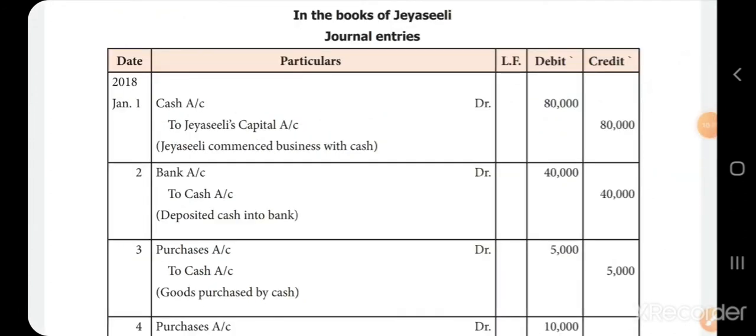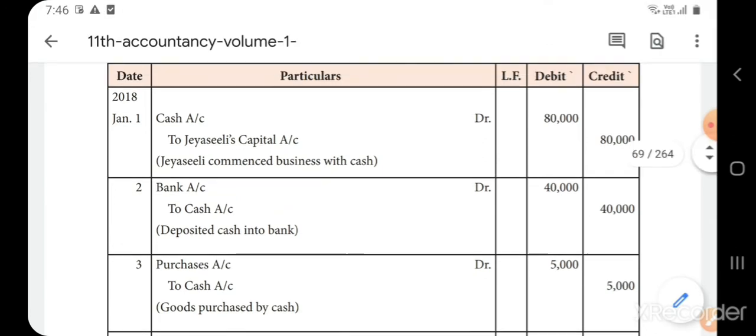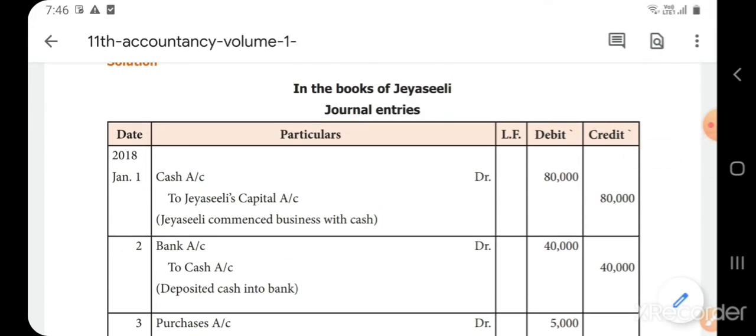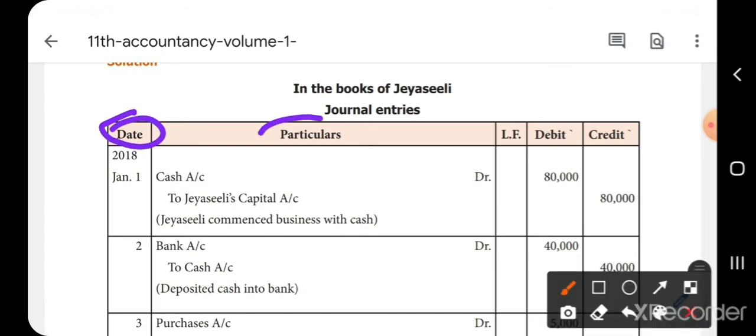Now look at the format of the journal. You will work out the problems like this only. In the books of JSLV, the journal entries, you will write date, particulars, LF, debit and credit. Looking at the transaction, you will analyze what are the accounts involved and prepare the journal entries.